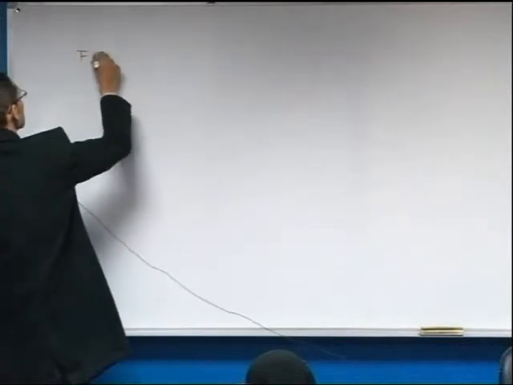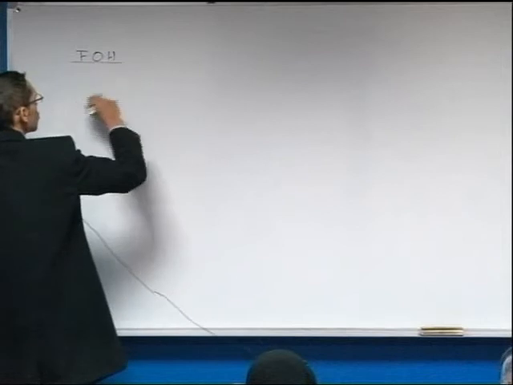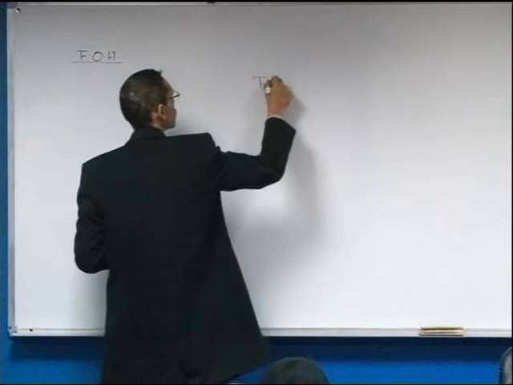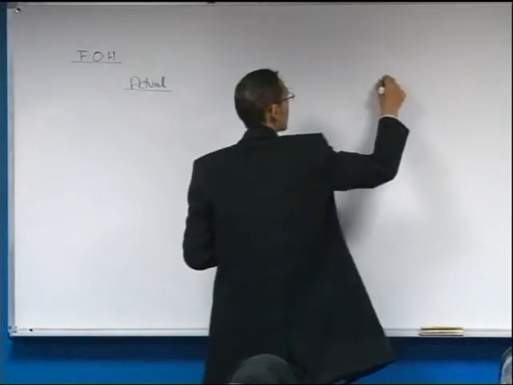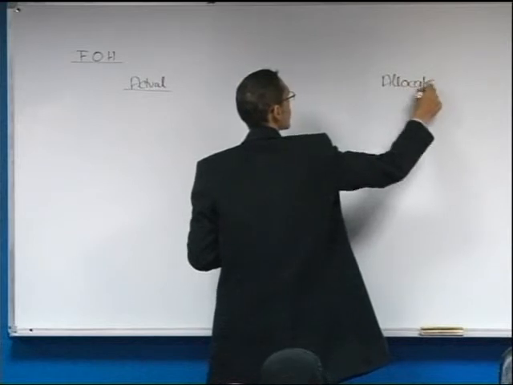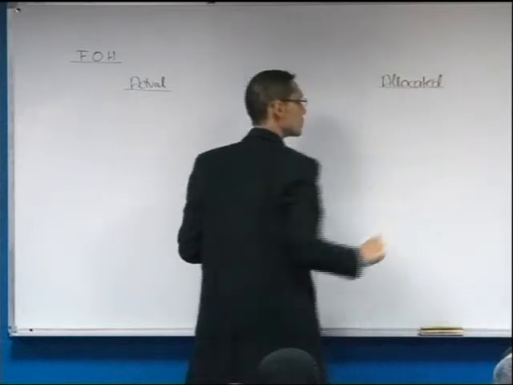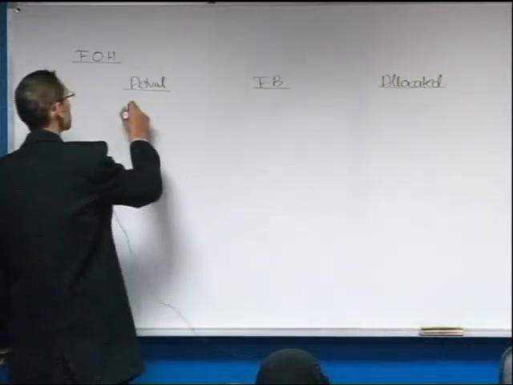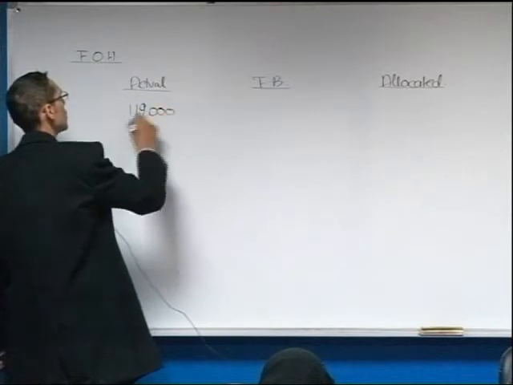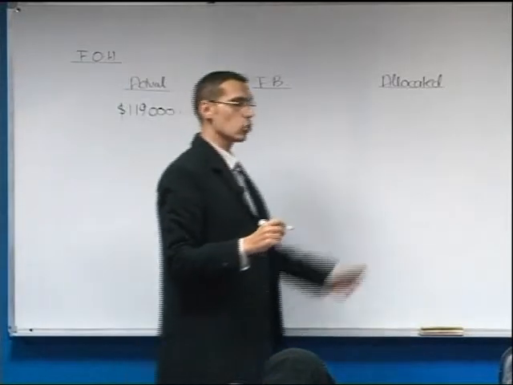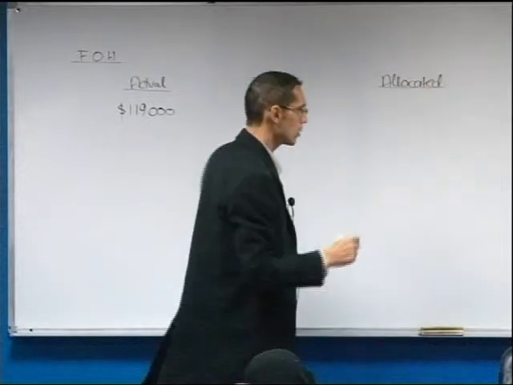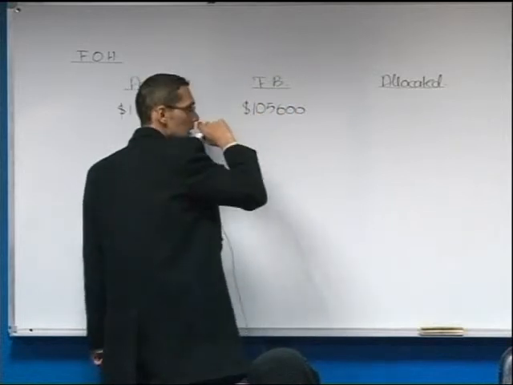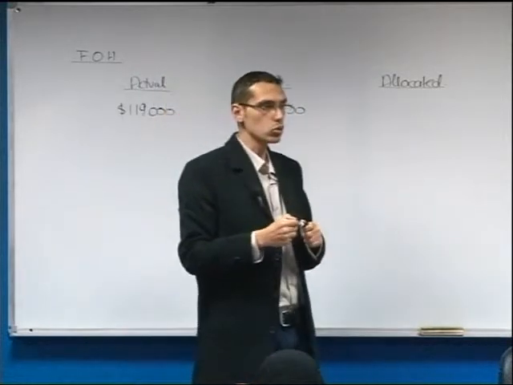The fixed overhead costs: actual, flexible budget, and the allocated. Of course, the actual is given as $119,000. The flexible budget is also given according to the static budget, $105,600. Now we need to calculate the allocated costs.